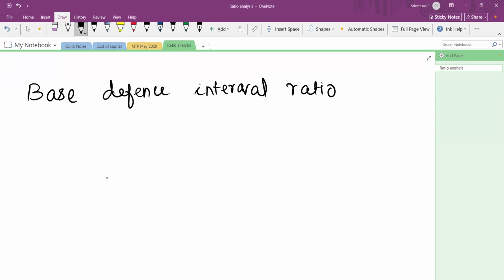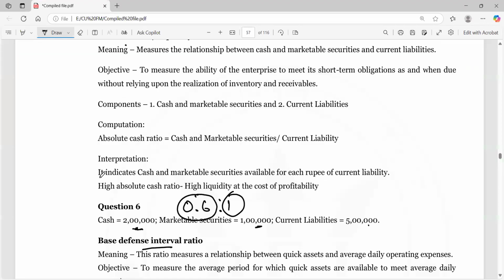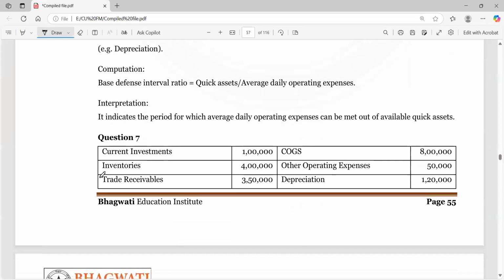Again, I'm repeating, with the available amount of quick assets for how many days you can meet your daily operating expenses. So it is calculated as quick asset divided by daily average operating expenses. So just look at one question, you will be able to understand it. Question number 7.